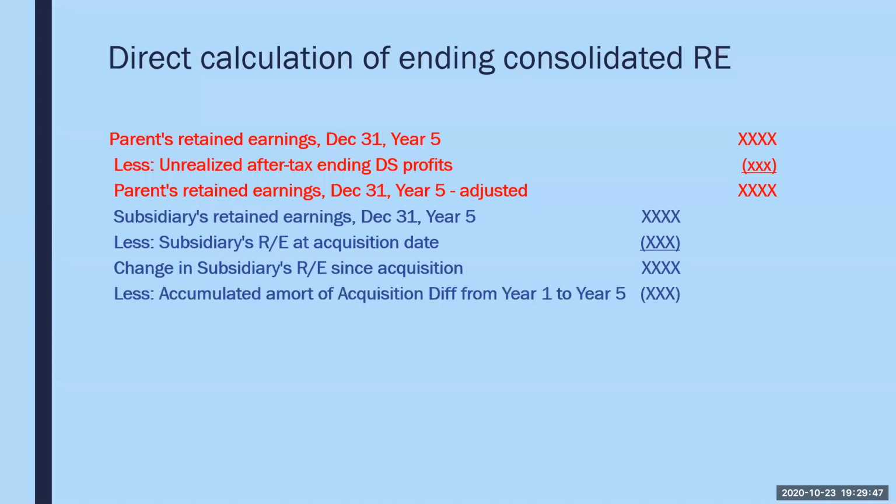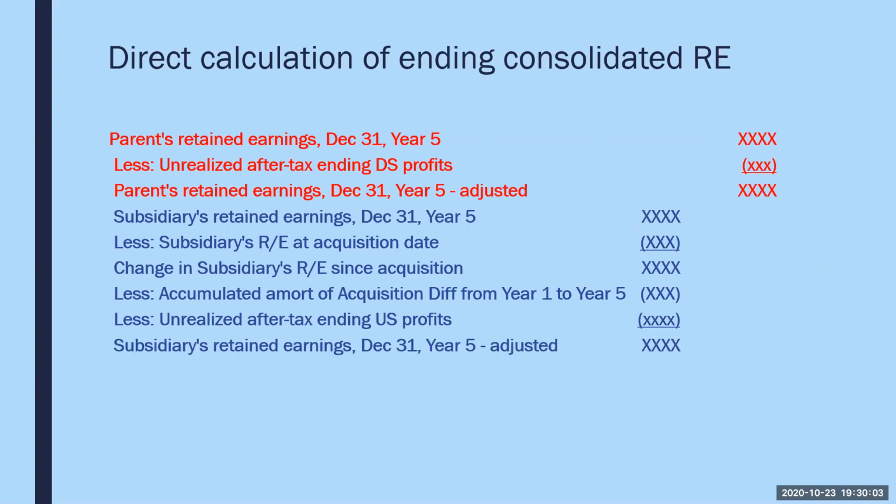Subtract from that the accumulated amortization of acquisition differential from the date of acquisition up to the end of the current year, from year one to year five, and subtract the ending upstream profits after taxes to get the subsidiary's adjusted retained earnings on December 31st, year five.